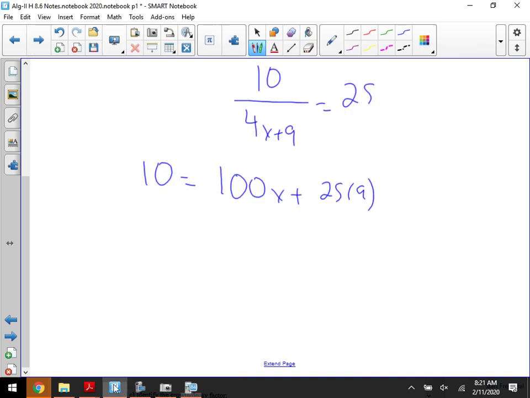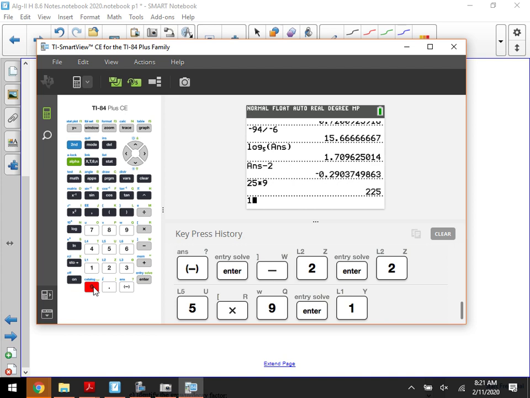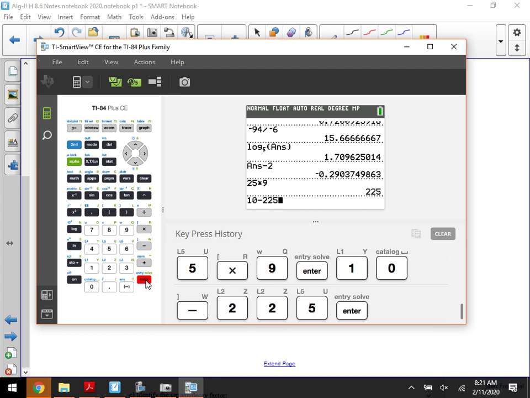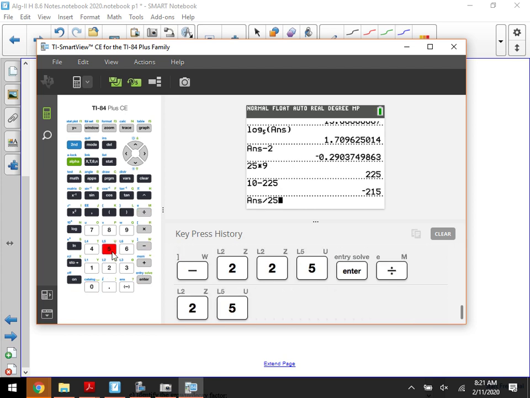Yeah, that's right, 225. And then just work backwards. See, we have 100. Let's see, 100 minus 225, excuse me. And then we have to divide that by 25.